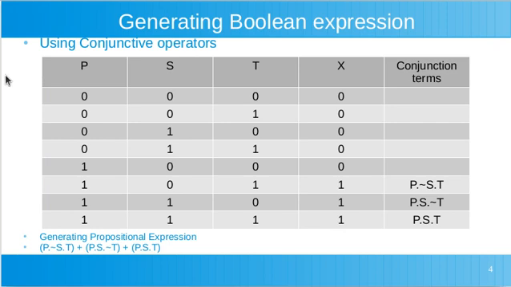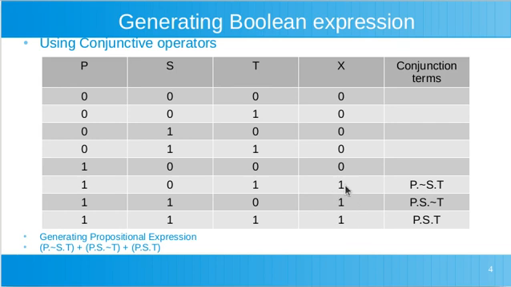Now from this truth table we have to find the conjunctive terms. So this is our truth table from the previous page. For 0 we do not have to make anything. The conjunctive terms are made from the output ones.